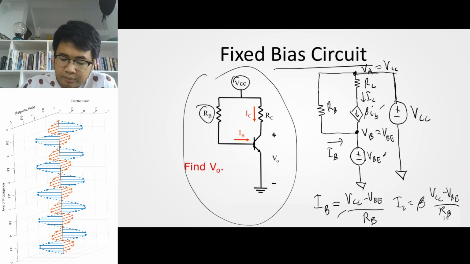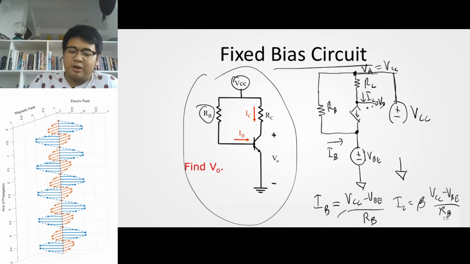Now we will be able to solve for Vout. Right. So let me just clean this a little bit. Yeah, it's already ruined. Anyway, Vout is right here. How do you solve for Vout? You perform nodal analysis at the resistor RC.